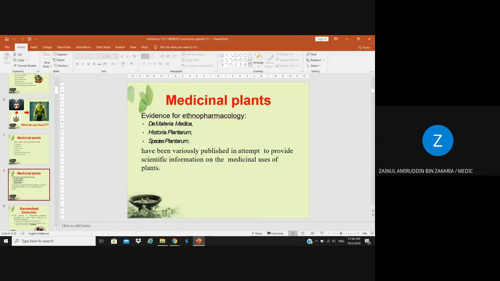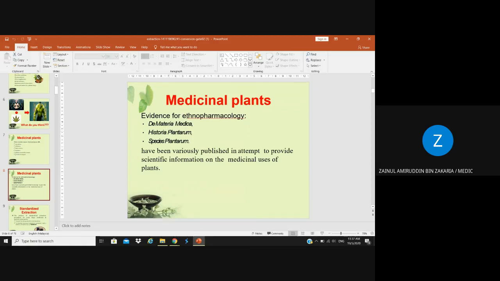Normally this kind of books covered most of the plants in the western part.